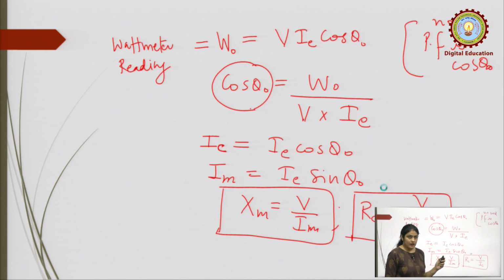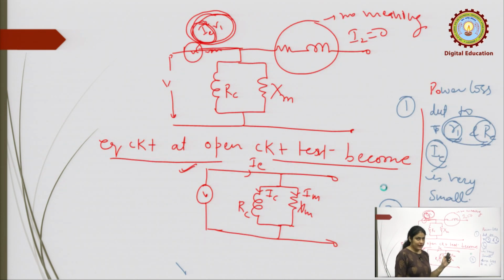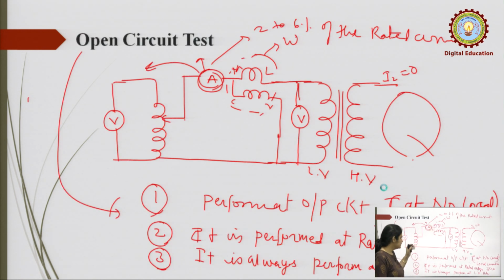So from that test we can conclude that this open circuit test is, first, performed at no load, second, performed at rated voltage, and it is always performed on the low voltage side.